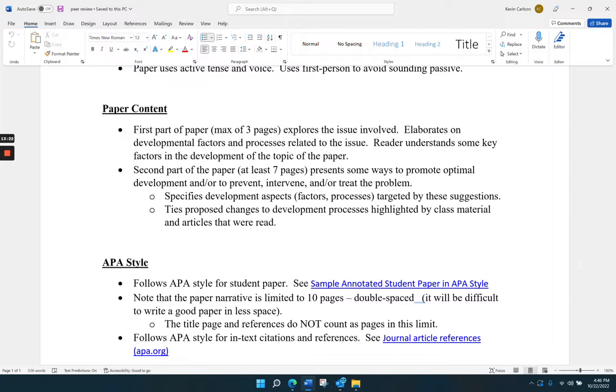You don't have to be so complicated and elaborate on that, but I want you to be at least specific about why would that thing work. So for every thing you do, for every factor that you address, why would it work? And tie that to what you read in your articles and also what you've learned in class.